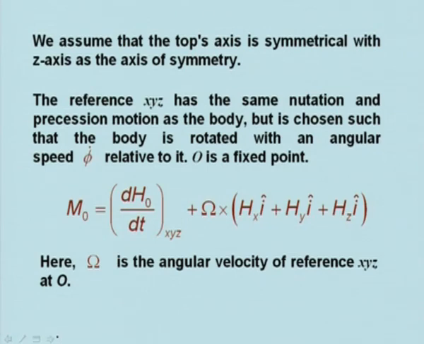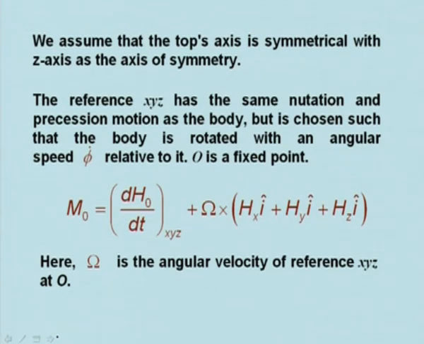The reference xyz has the same nutation and precession motion as the body, but it is chosen such that the body is rotated with an angular speed phi dot relative to it. So x, y, z are not exactly fixed on the body; there is some difference.